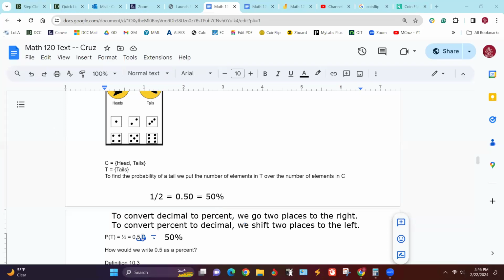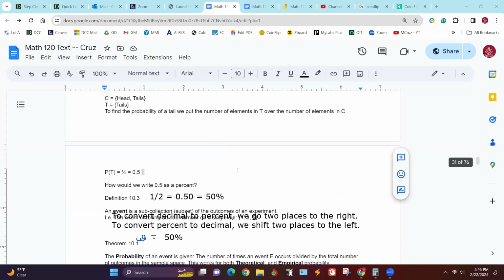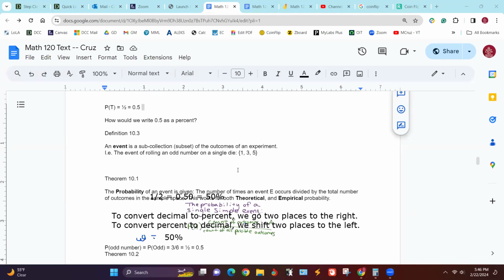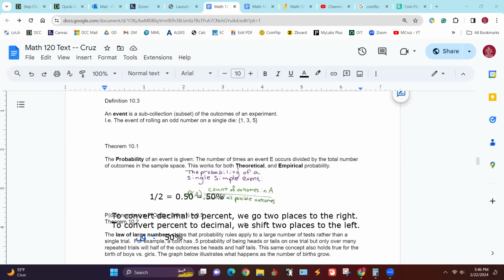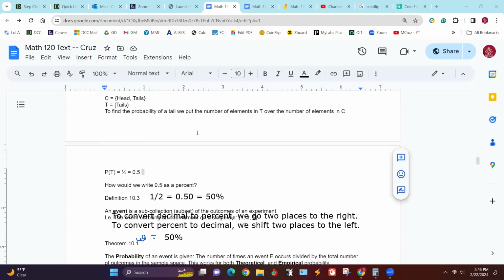All right, let's see what else we can do. Now, as I said, an event is a subcollection or a subset of the outcomes of an experiment.